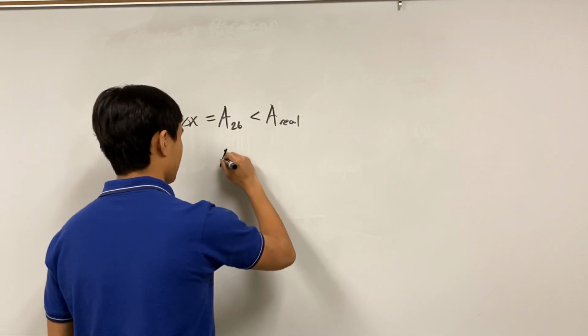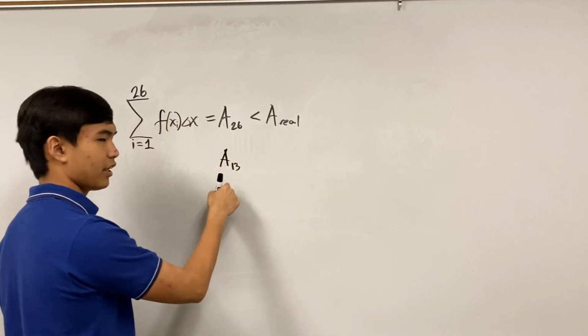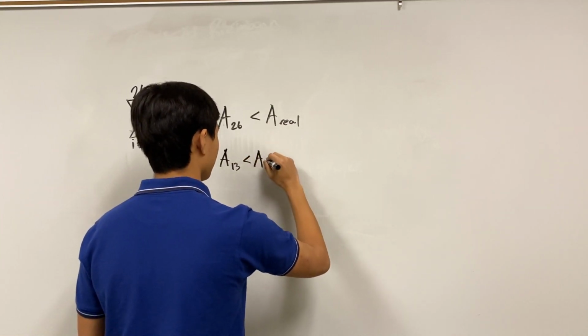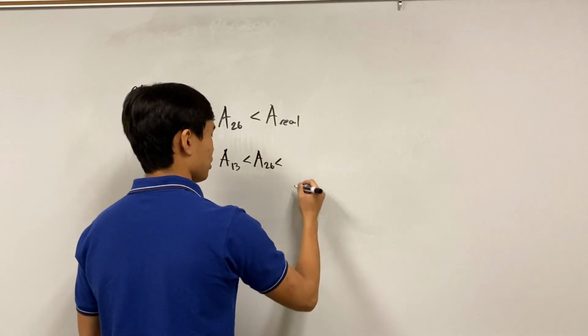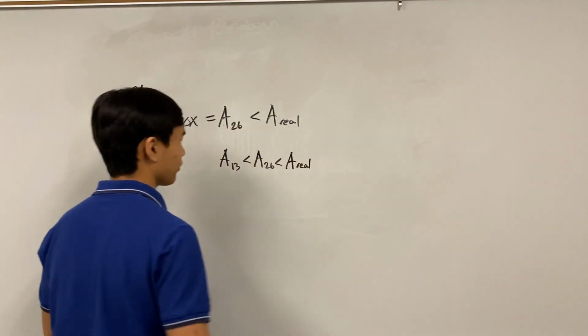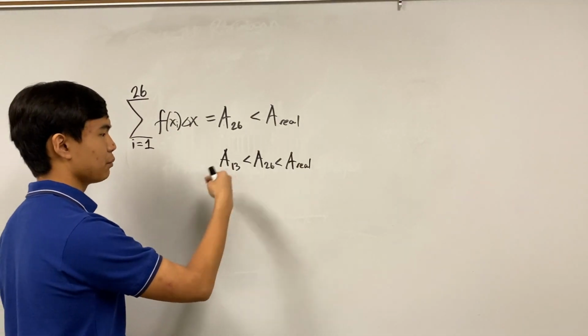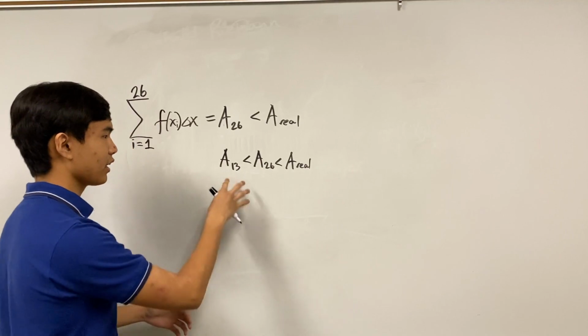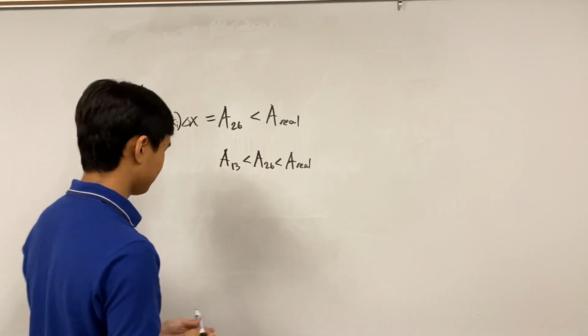So the area of 13 rectangles is less than the area of 26 rectangles, but that's still less than the real area. Notice how by doubling the number of rectangles, our estimation got better, right? It got closer to the real area.